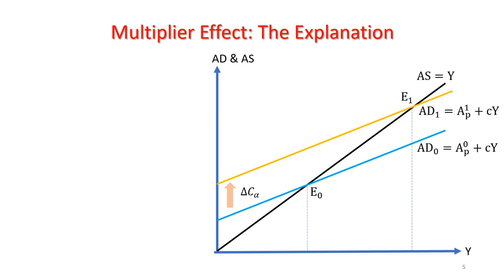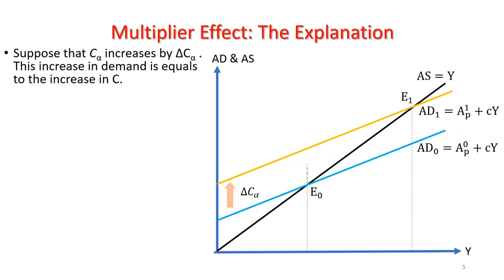How does this happen? Suppose that C alpha increases by delta C alpha. This increases aggregate demand, shown by dotted vertical arrow. This increase is equal to increase in consumption.